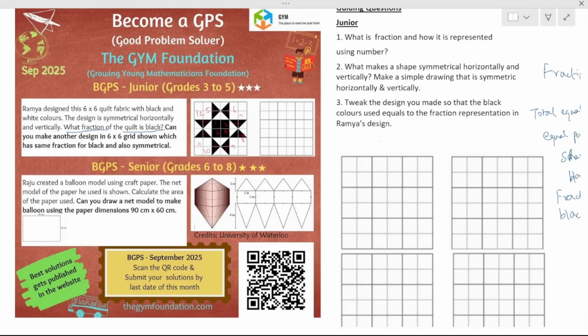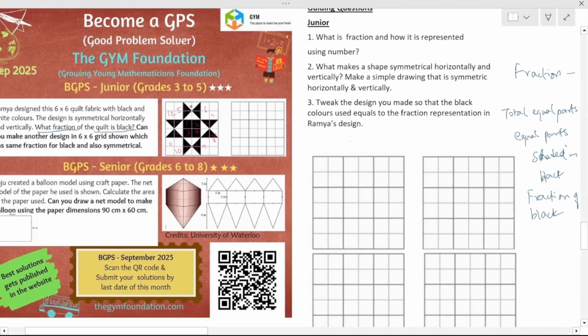So what does symmetry mean? Symmetry means when you see both sides, they should be of the same shape, size or color, whatever it might be. In this case, it represents the color, black, and the shape also, because it should fit in exactly. Symmetry is always across a line, so this is called a line of symmetry.